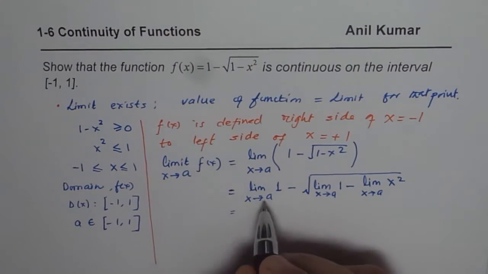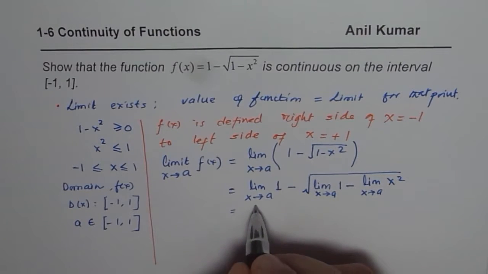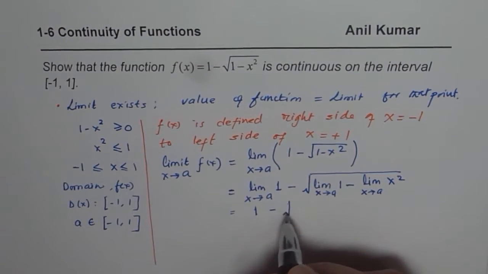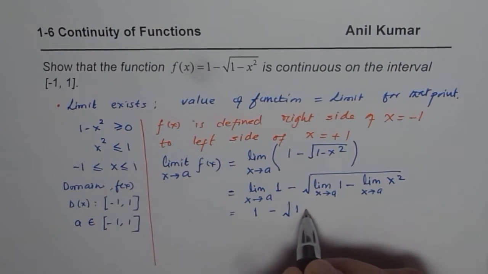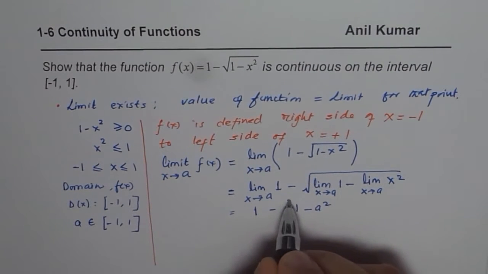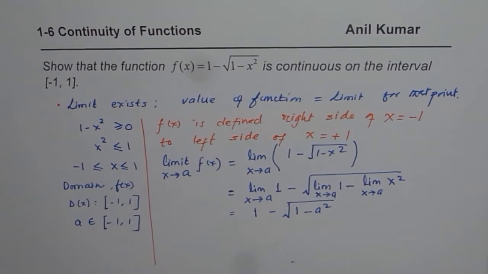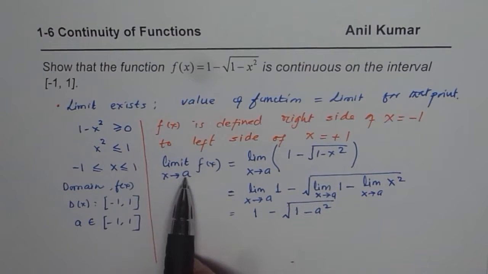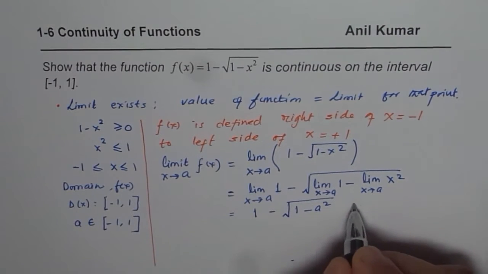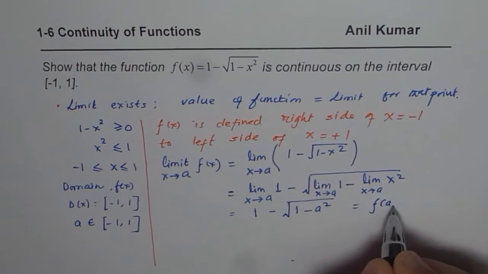Now as you know, the limit of a constant is the constant itself. Within the square root we have the limit of a constant, which is 1, and here I can substitute a, so I get 1 minus the square root of 1 minus a square. Now you can clearly see that the limit of the function at any point a is actually equal to the value of the function at a, right?